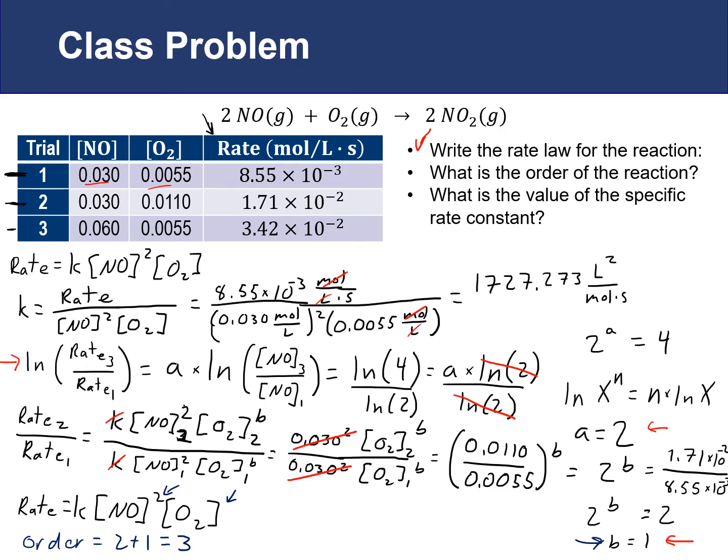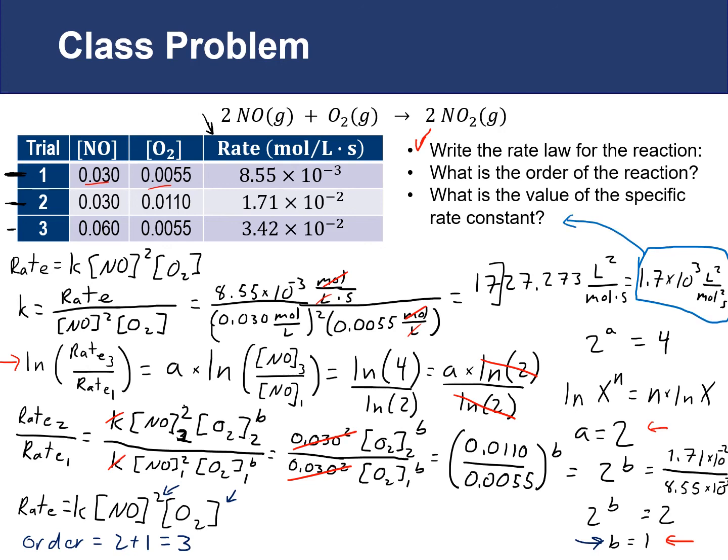In terms of significant figures, our concentrations each had two significant figures, and so our end answer is going to have two significant figures. So this would be equal to 1.7 times 10 to the third liter squared per mole squared seconds would be our end answer for our K value.